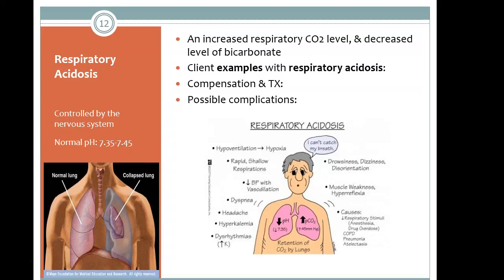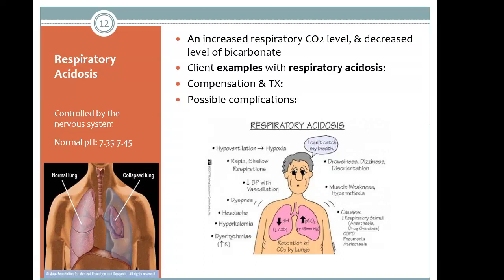The shortness of breath will manifest initially in a headache, and if this respiratory acidotic state is continued, the patient will be drowsy, dizzy, and then will continue to become disoriented, may become combative, and semi-conscious, and then unconscious. Patients who are respiratory acidotic will be hyperkalemic.